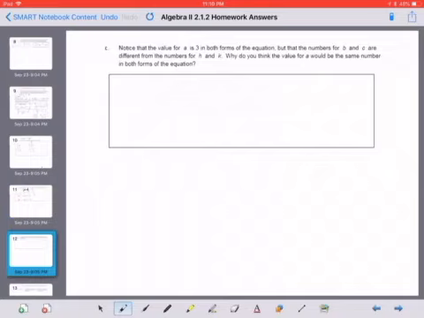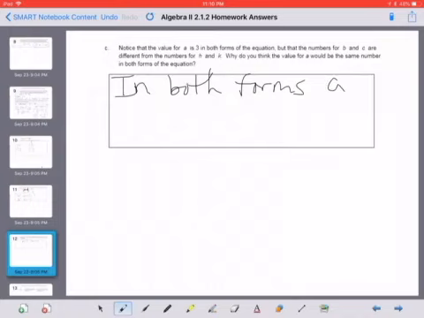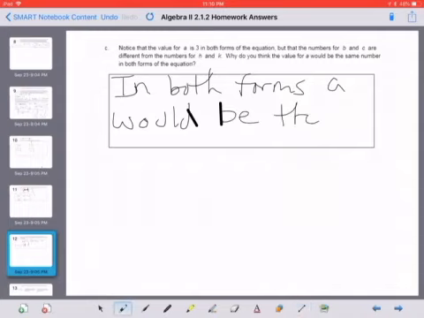So like I can divide everything by 3, which is one of the first things I do. So I would say in both forms, a would be the same because it gets factored out.